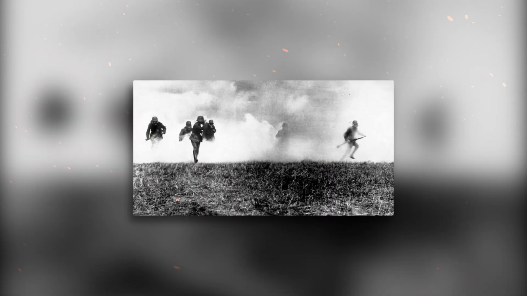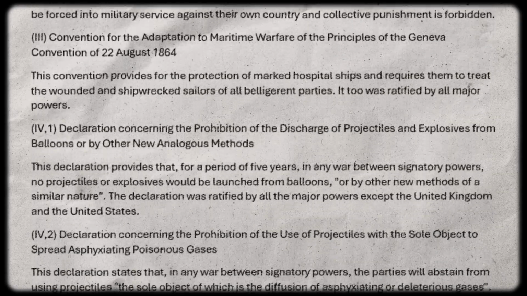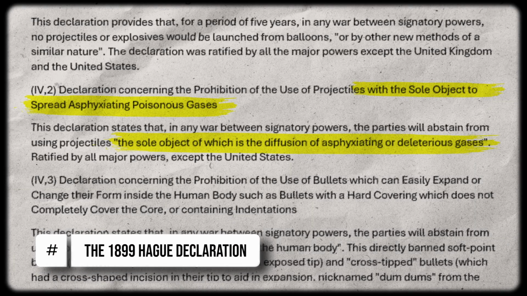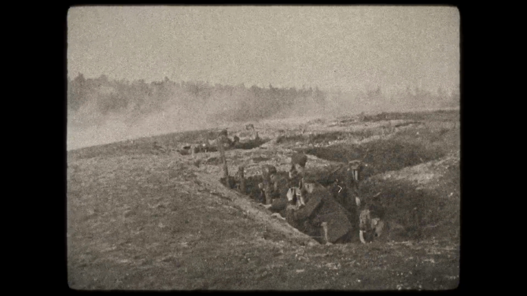As gas warfare evolved, belligerents exploited a second loophole, the sole purpose clause. Shells that combined explosives and chemical agents were deemed legal on the grounds that gas was not their exclusive function. Once chemical warfare was introduced, restraint collapsed.